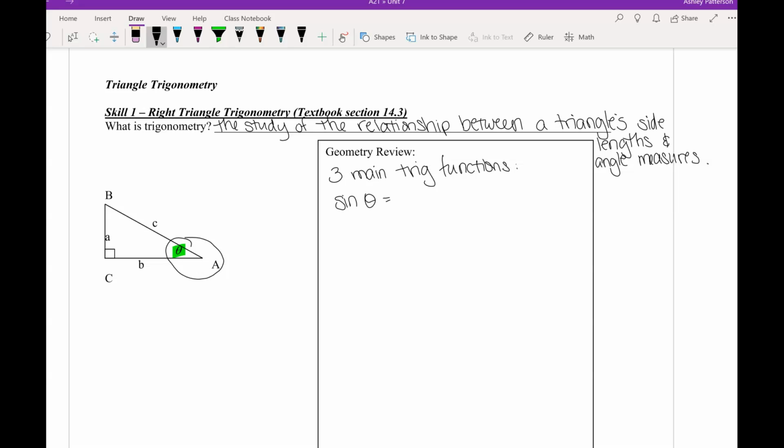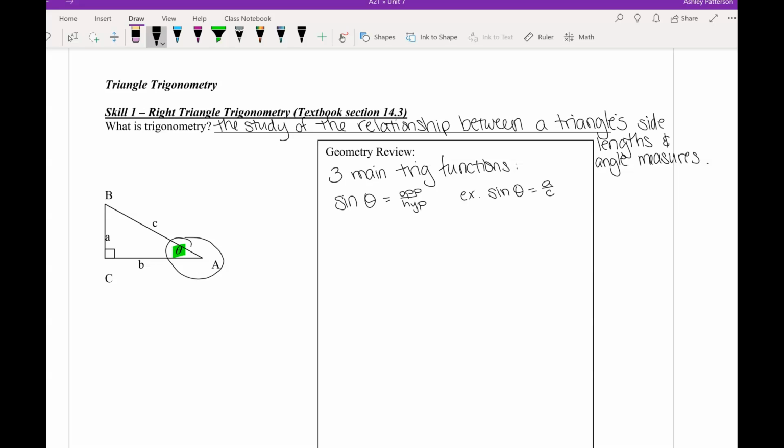The sine is the opposite over the hypotenuse. So our example is that the sine of theta, the opposite is across, and the hypotenuse is always across from the 90-degree angle. So this would be little a over little c.